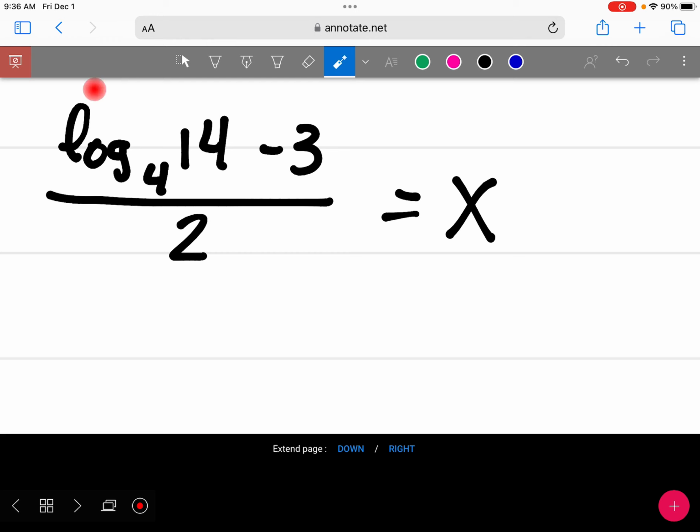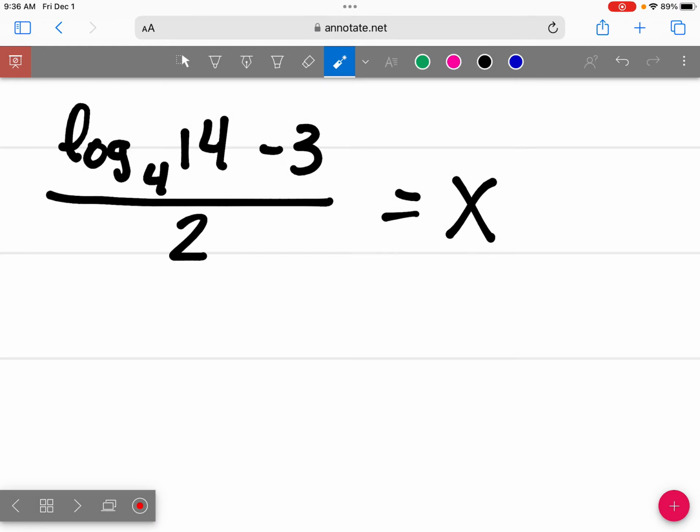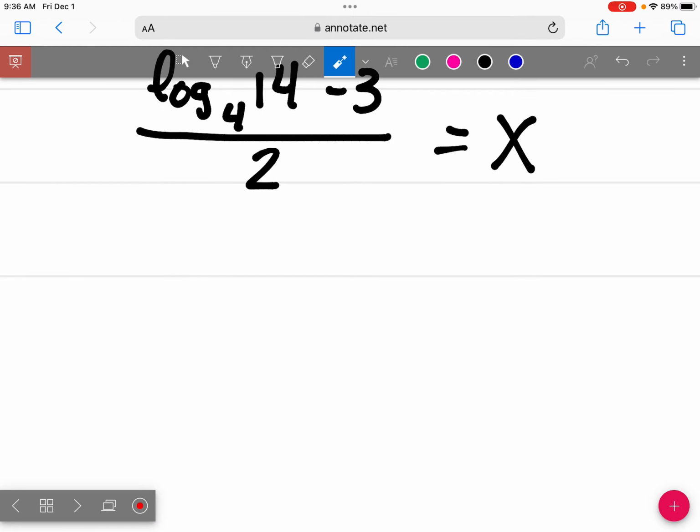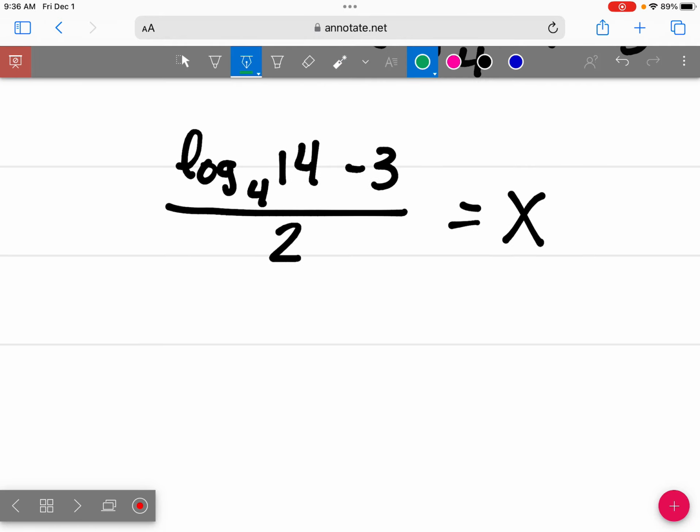So we need to take just the log base 4 of 14 and put it through change of base, which I'm going to zoom in more. So this was our exact answer. And it genuinely does not matter if we use the common log or the natural log, whichever button you like pressing better.